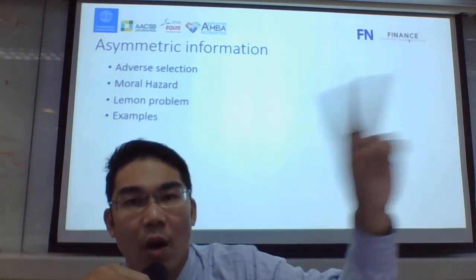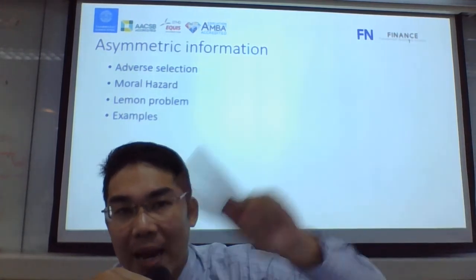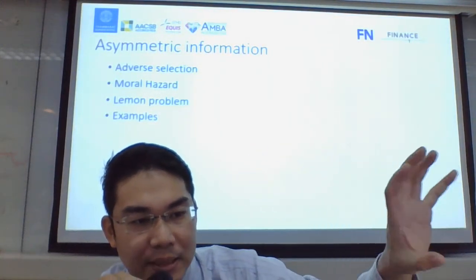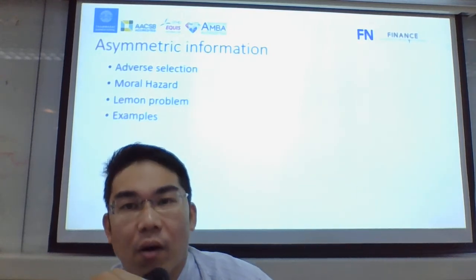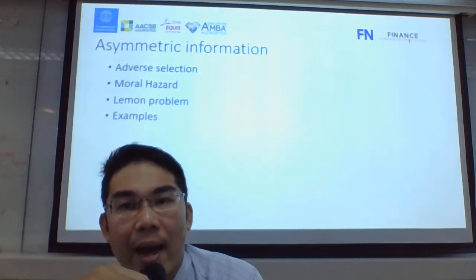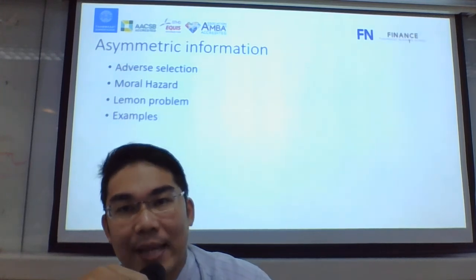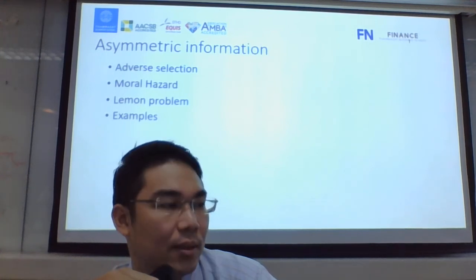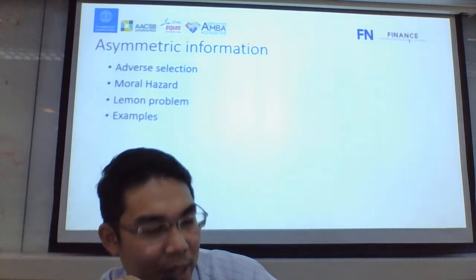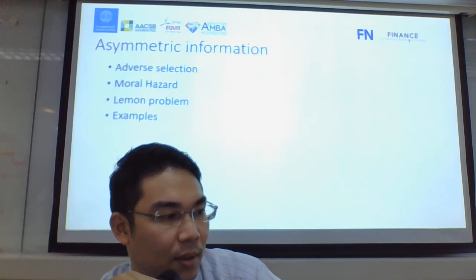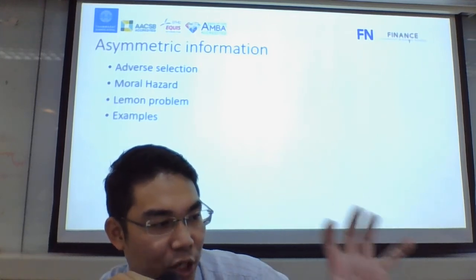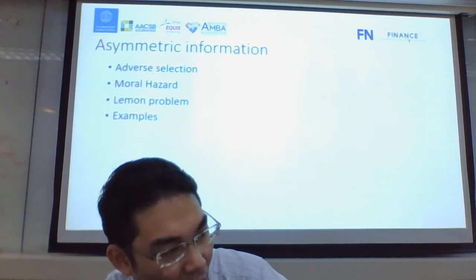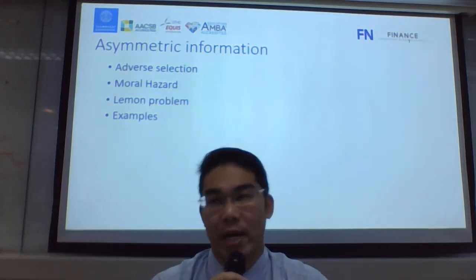We have two sides of the transaction, borrower and lender, and one side of the transaction has more information compared to the other side. So we have asymmetric degree of information here. One side of the transaction knows about the transaction better than the other side. So we call this situation asymmetric information.